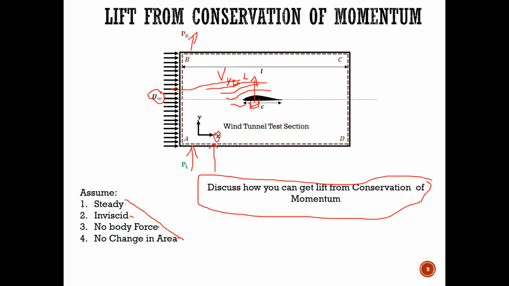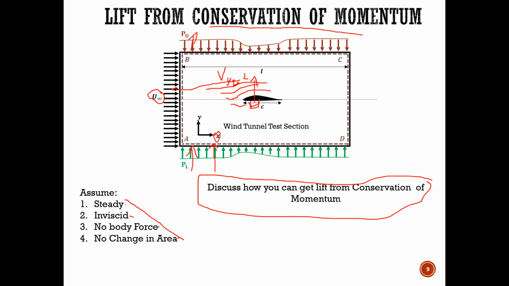Okay, so let's look at the conservation of momentum in this area, right? When you do that, as I mentioned, it is possible to have momentum in the y-axis. When that momentum interferes with the tunnel wall, the changes in momentum will manifest as pressure variation, because there is a change in velocity across the tunnel wall.